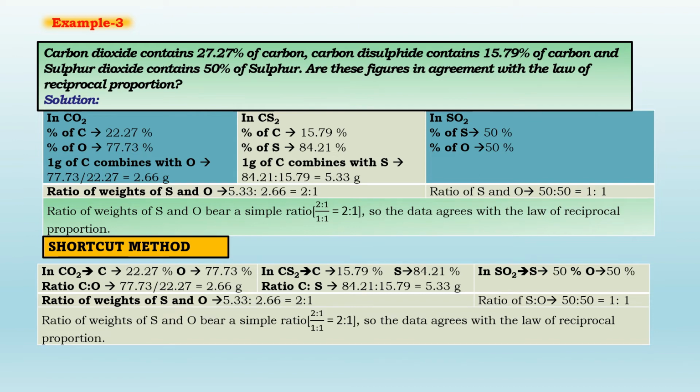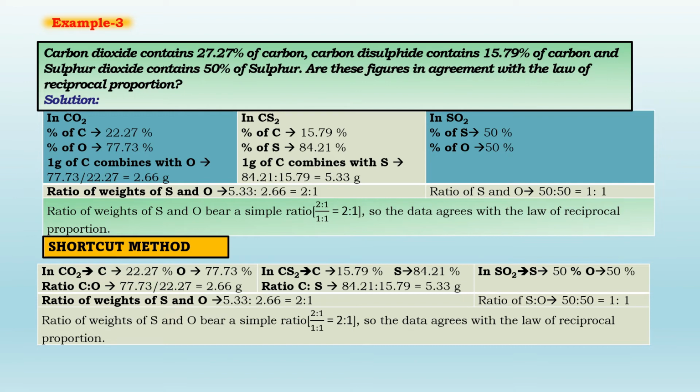In carbon disulfide, the percentage of carbon is 15.79% and the percentage of sulfur is 84.21%. 1 gram of carbon combined with sulfur is equal to 84.21 divided by 15.79, that is equal to 5.33 gram. So the ratio of weights of sulfur and oxygen is 5.33 is to 2.66, that is equal to 2 is to 1.